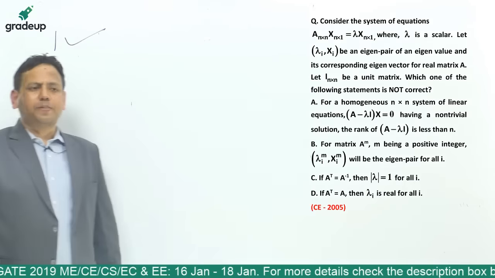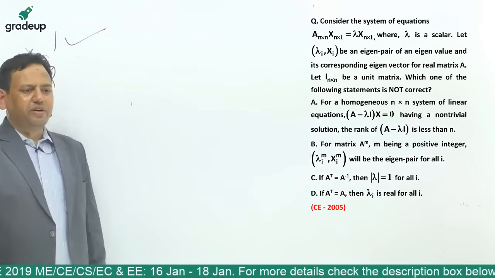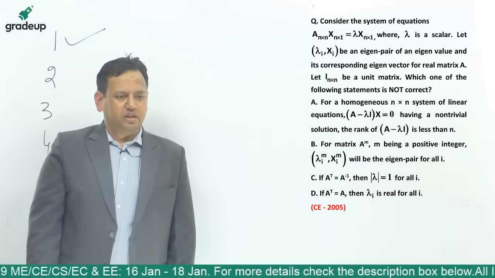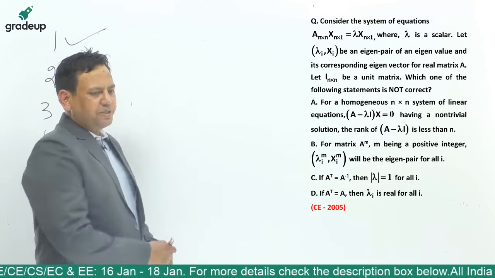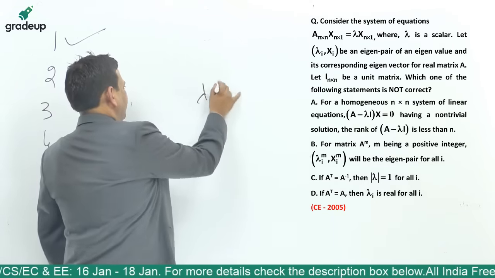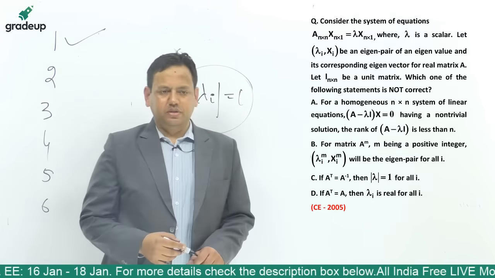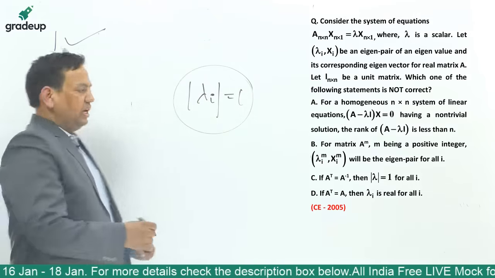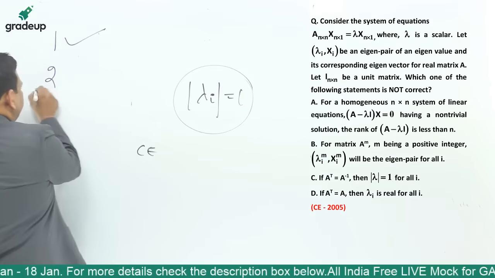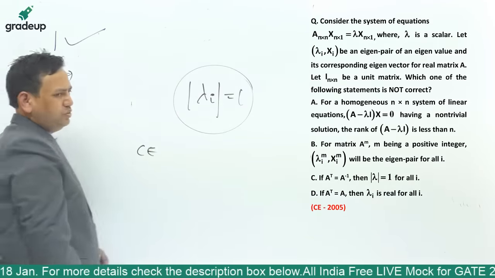This is a very good question. The second one again. Now the C option, they are writing lambda I is equal to 1, in the C option. Now write down C and then write down. This is the second question. So answer 2, what is your answer?